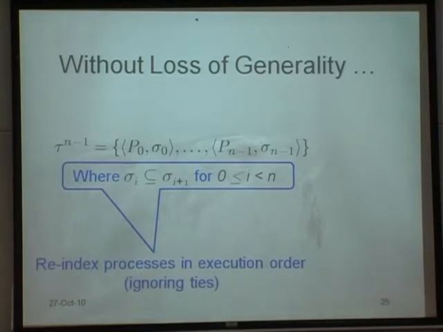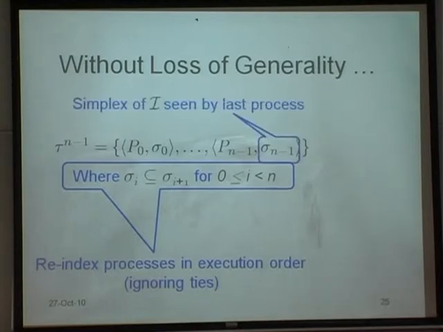That just means we don't have to have doubly nested indexes. In particular, the view of the n-1st process is the view seen by the last process of this set to run. So that's the biggest view of all, because it came last. It took a snapshot, and when it did, everyone else listed here had already written, either at the same time or earlier in time.